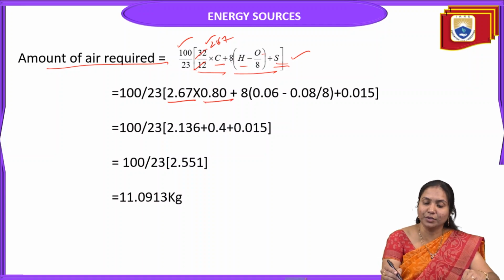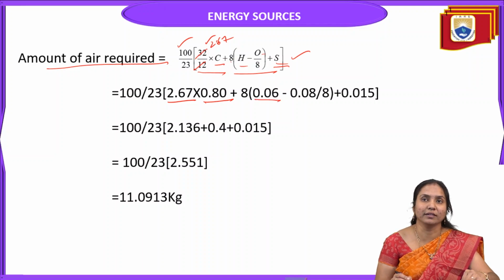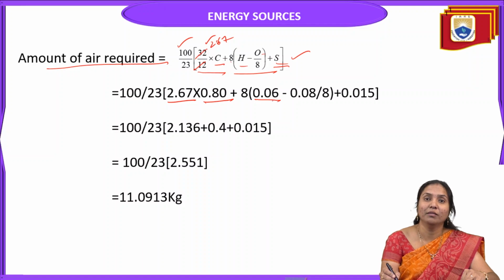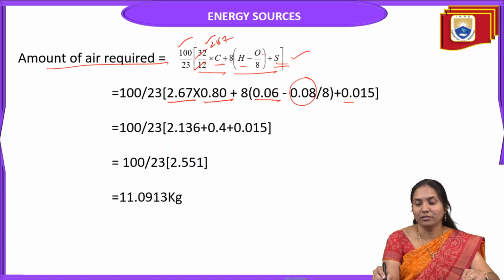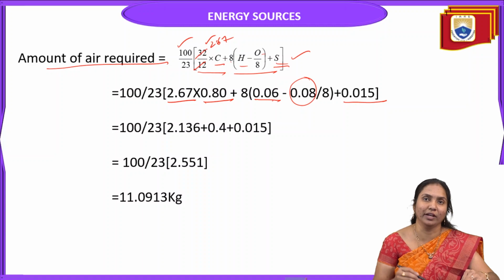Plus 8 into the hydrogen given in the fuel, 0.06, minus 0.08, which is the oxygen present in the fuel, divided by 8, plus sulfur, which is 0.015 kilograms.